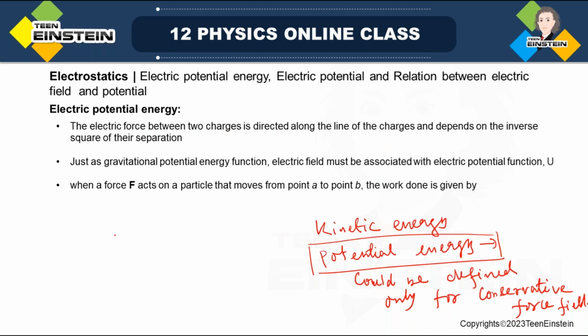Suppose there are two charges, q1 and q2. Let us take positive charges for the time being. The force always acts along the line joining them.